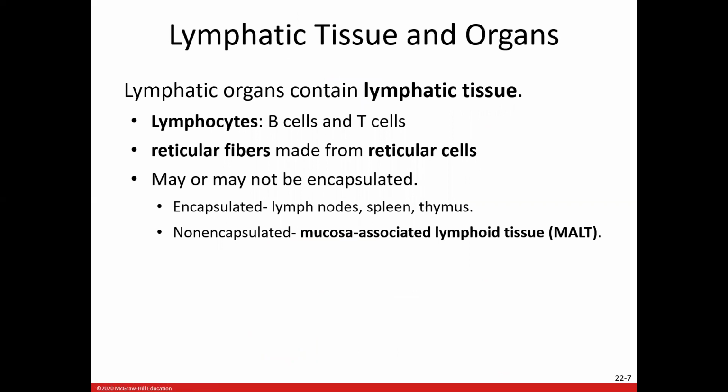So your lymphatic organs ultimately are made up of lymphatic tissue. And these tissues are made up of reticular fibers. You'll probably remember reticular fibers when you learned about tissues in 157, because reticular connective tissue is one of the different forms of connective tissue you learned about. So reticular fibers are made up of reticular cells.